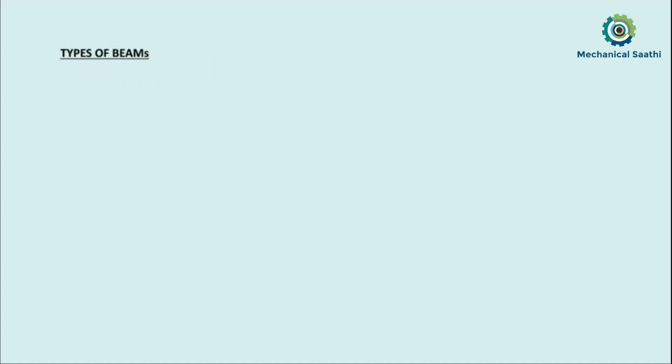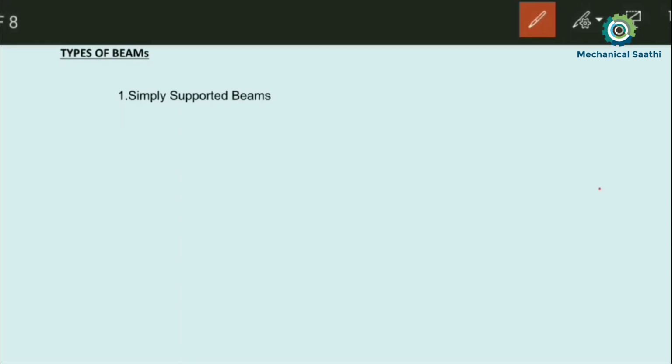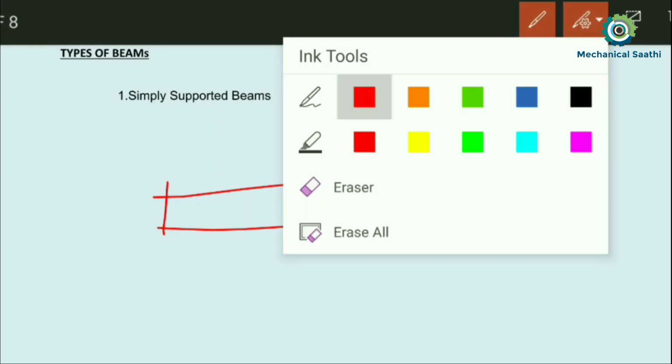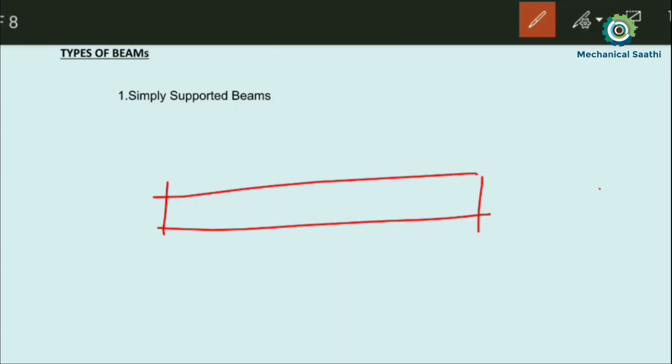The first and simplest type of beam we will discuss is the simply supported beam. Suppose let me draw it over here. Let this be our beam, and we will have some reactions over here.